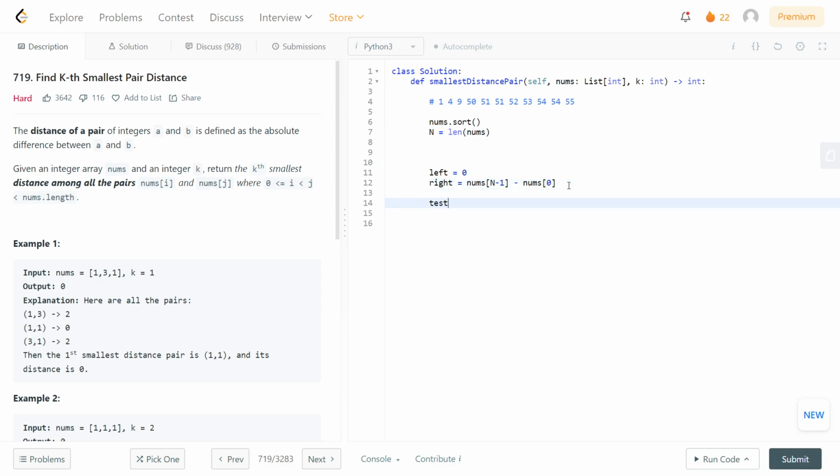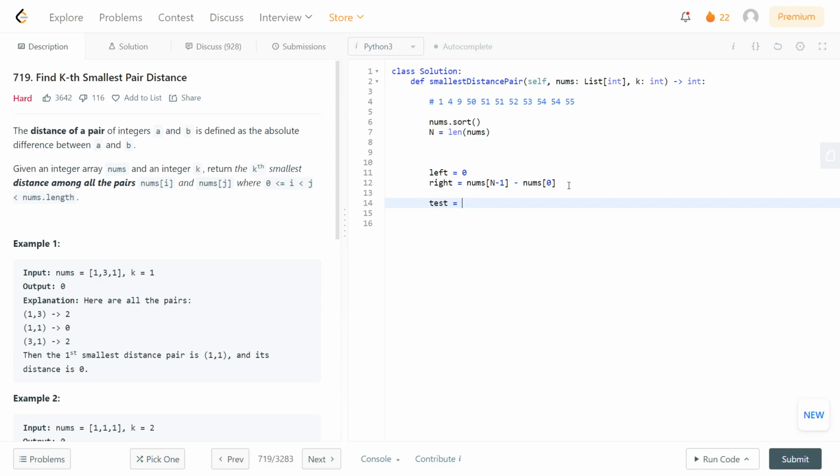So we need to test all the time. I'll update these left and right in a little, but let's say the test is div count for distance. Let's call it distance function, which will send. So let's do it like this.